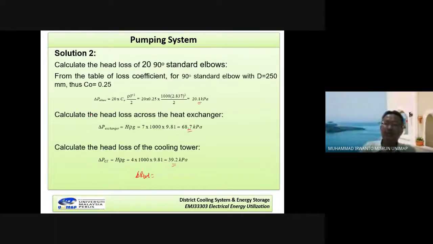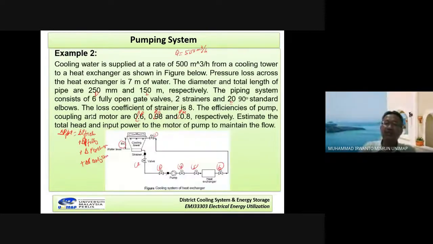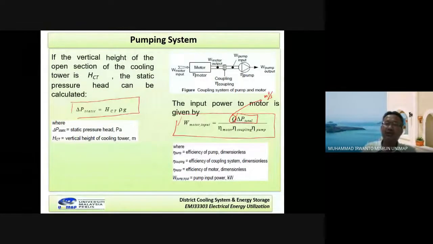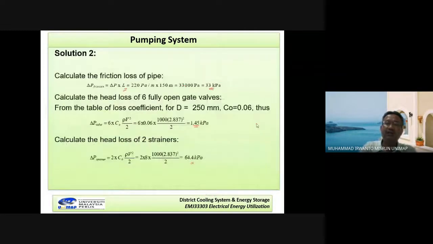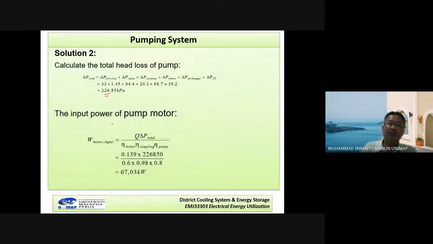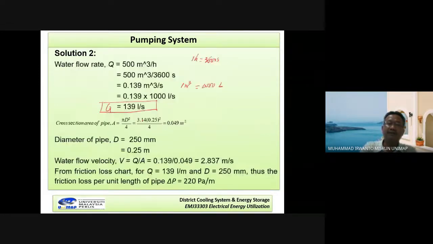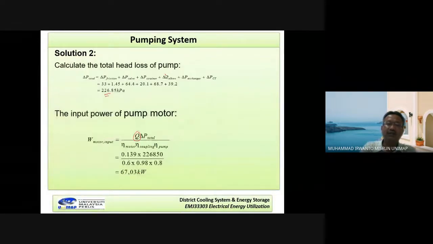The motor input can be calculated using this formula. Motor input is equal to flow rate, unit in meter cubed per second, times delta P total, over motor efficiency, coupling efficiency, and pump efficiency. So from here, we can calculate the input motor. Q unit in meter cubed per second, refer here, 0.139.